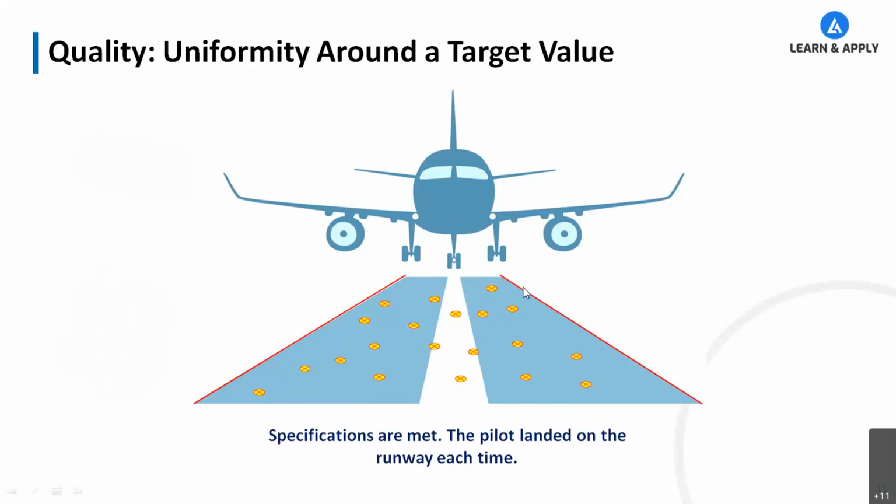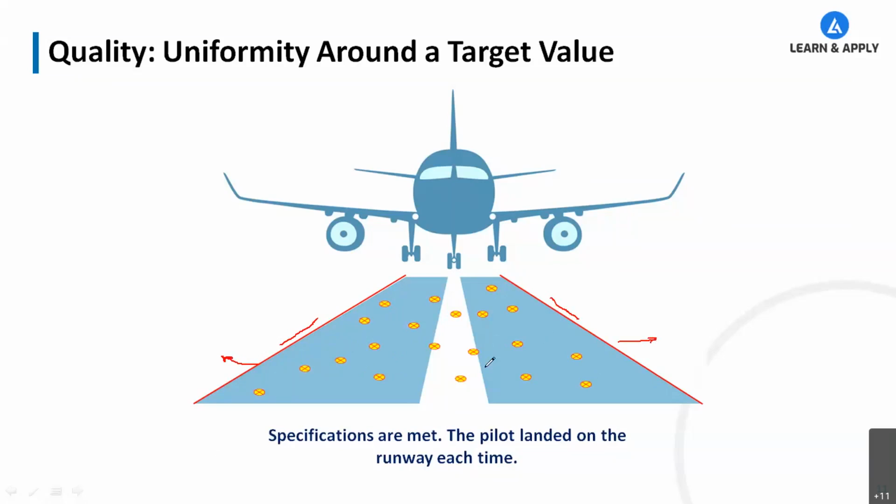From this red line to this red line, this is the runway, and this central white line is the target. Apart from this runway, there is danger. Apart from this red line is danger. These are the specification lines, and the pilot is landing within the specification lines every time.